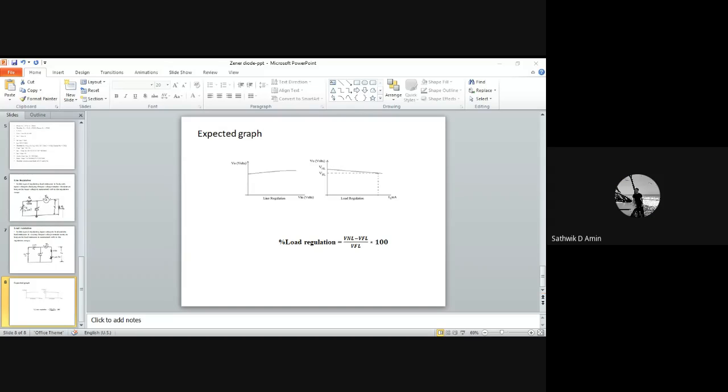Finding the regulating voltage. To find the regulating voltage. Fine. Then one more way is the characteristics of the Zener diode. No, that was the first part. Characteristics was the first part.